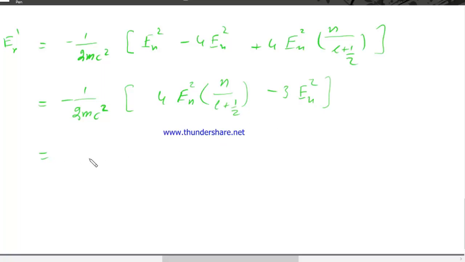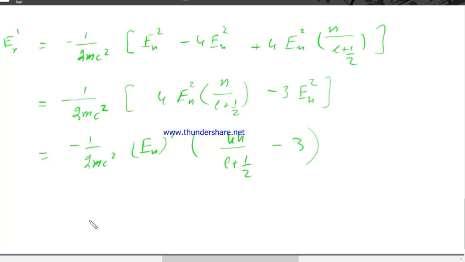Now this can also be written as, we take common from this 1 over 2mc², and then we take En² common, and then En whole squared, and then 4n divided by (L plus 1/2) minus 3, and this is the relativistic correction.